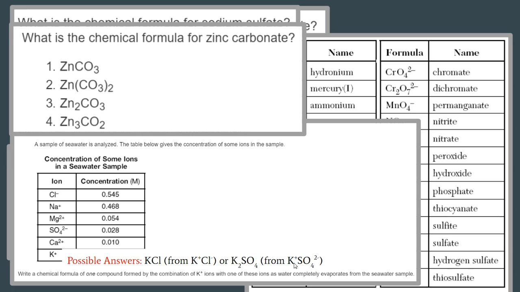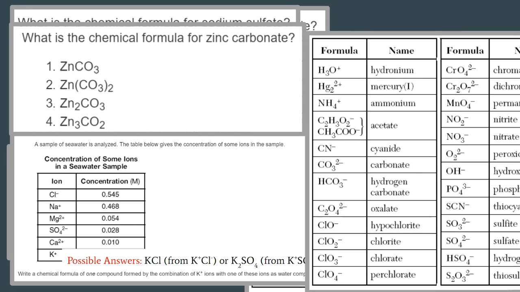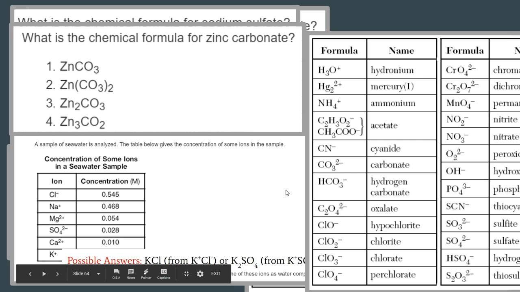What is the chemical formula for zinc carbonate? Again, you have to rely on table E in order to correctly get this answer. Looking up the oxidation numbers for zinc, you get positive 2.